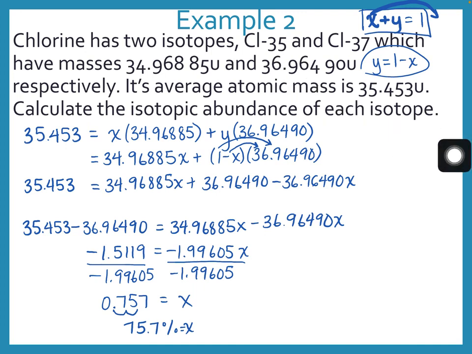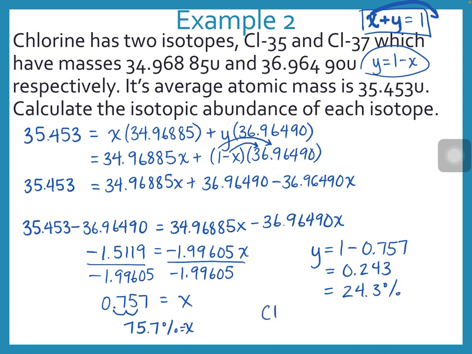And then to solve for chlorine 37, y is equal to 1 subtract x, which is equal to 0.243, or 24.3%. So chlorine 35 is 75.7% of the sample, and chlorine 37 makes up 24.3% of the sample.